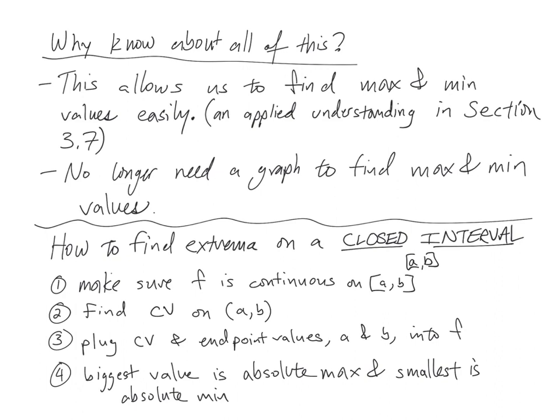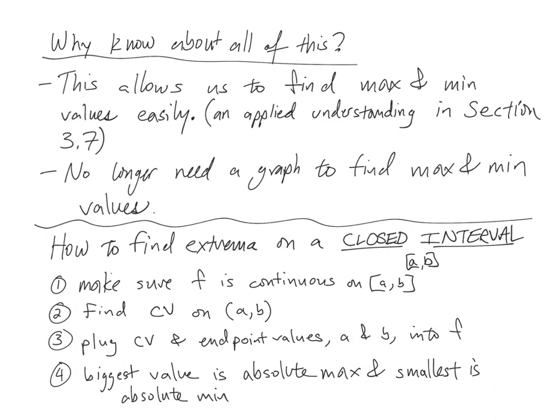So the only purpose the derivative serves right now is to find critical values. Once you find the critical values, you are done with the derivative. And then from there, once you substitute all these critical values and endpoints into the function, you're just going to get a bunch of y values.